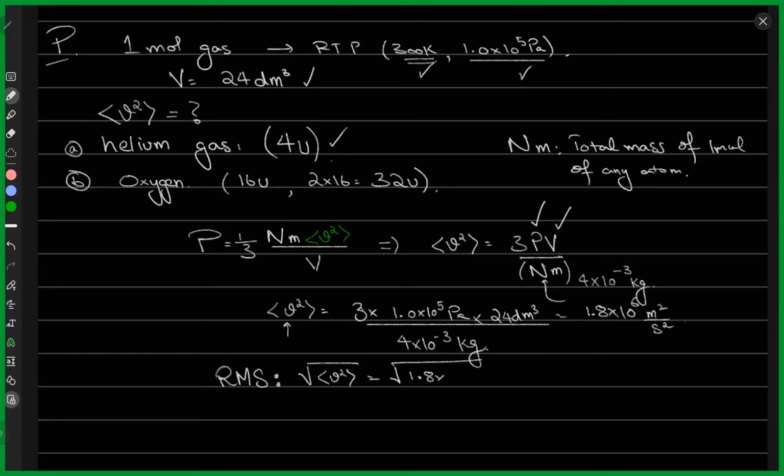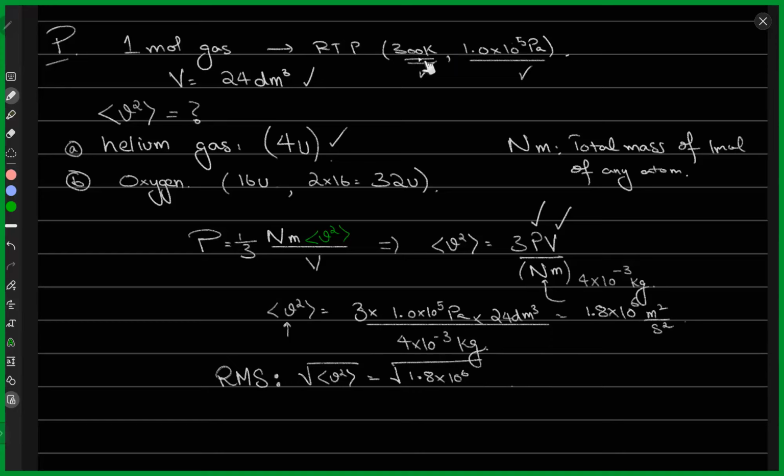That's the answer, the root mean squared. This is the average velocity with which the helium atoms will be moving if they were put in a container where these conditions are met.